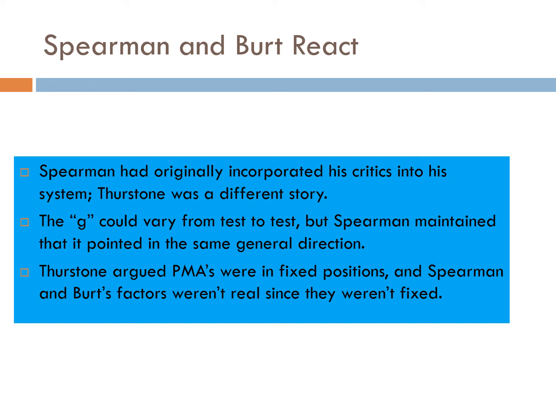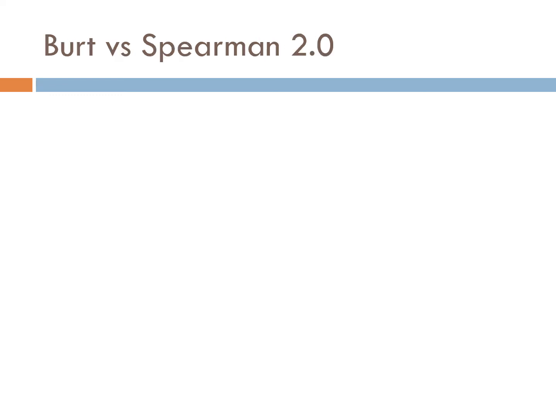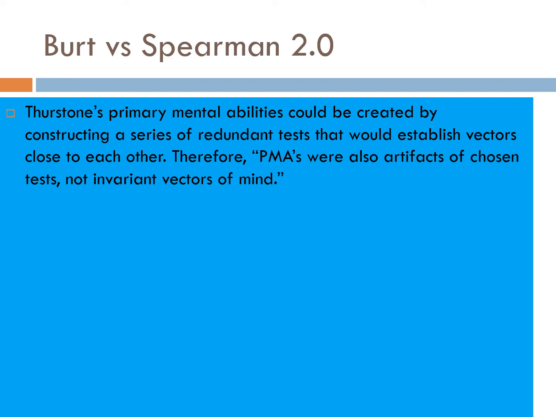In Thurstone's statistical argument, the only real things with statistical validity are fixed positions. His PMAs could be created by constructing a series of redundant tests that would establish vectors close to each other. Therefore, PMAs were also artifacts of chosen tests, not invariant vectors of mind.